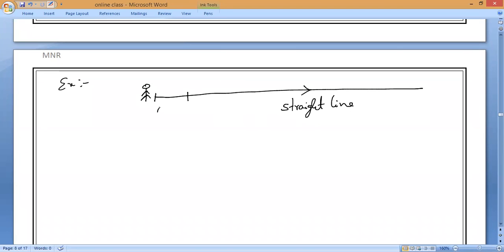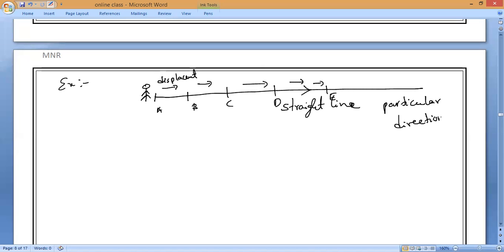For example, A to B, B to C, C to D, D to E, always equal distance and equal interval of time. So it is not distance, it is displacement. Why? He is traveling in a straight line, in a particular direction, so we can say it is distance or displacement.